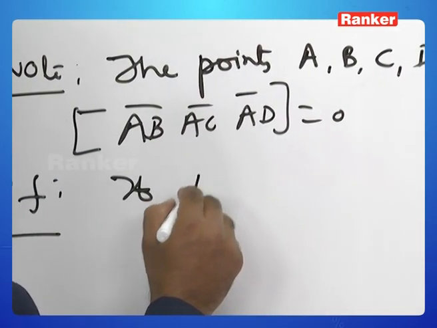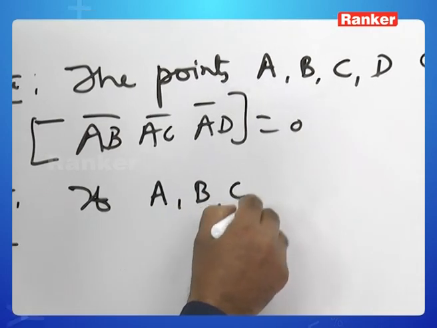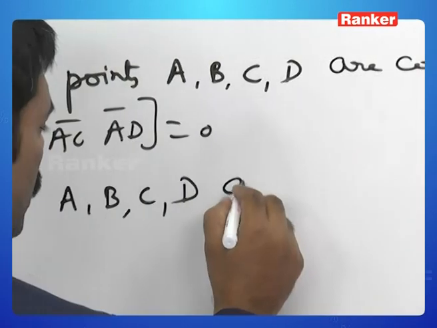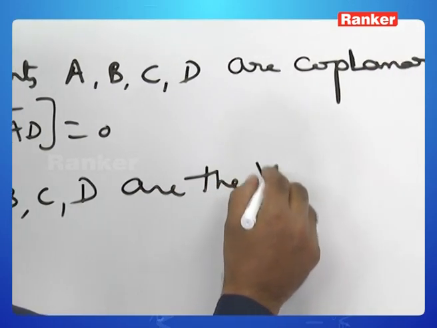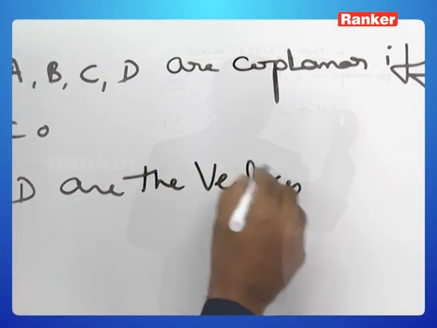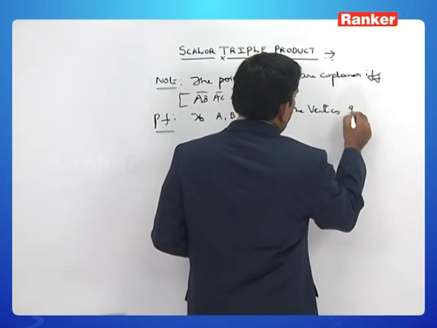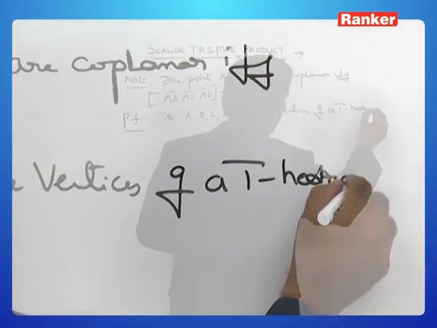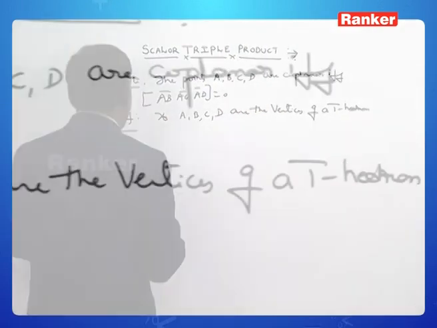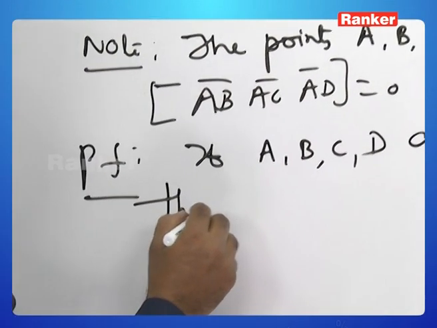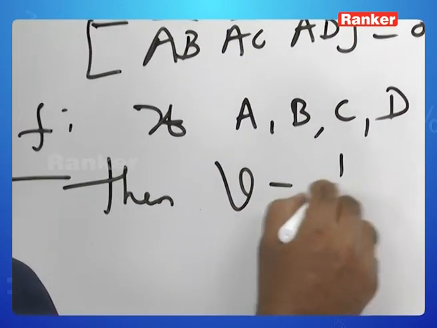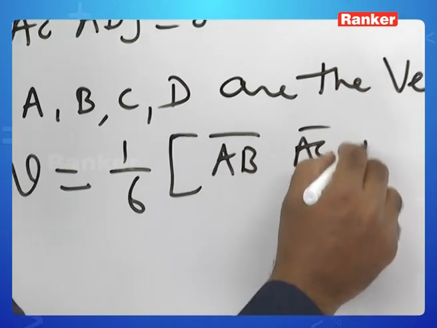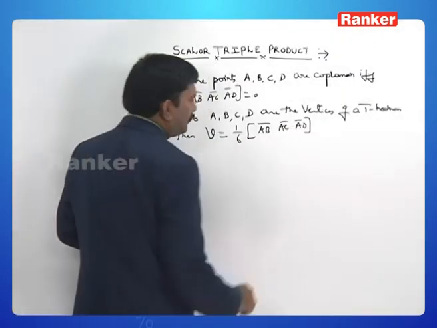If A, B, C, D are the vertices of a tetrahedron, then its volume is equal to 1 by 6 into box of AB bar, AC bar, AD bar.